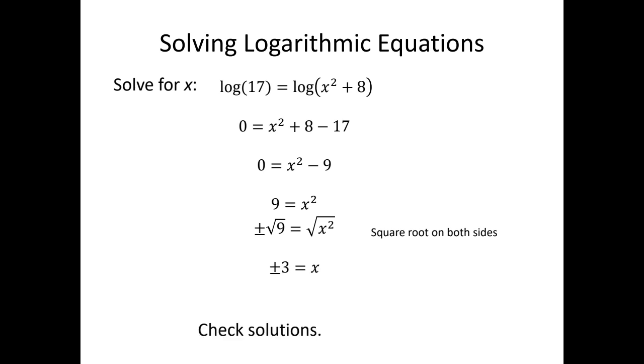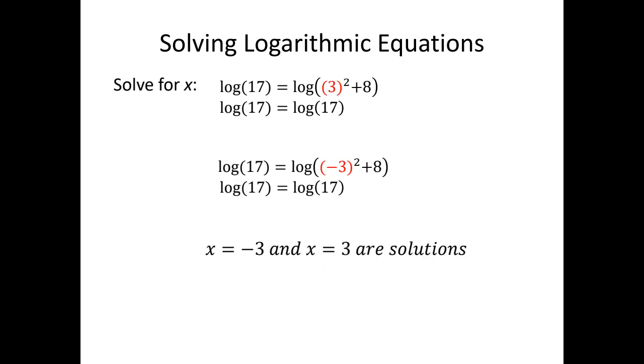And so we get x is equal to plus or minus 3. We want to check our solutions. Okay, so if you plug in 3, we get 3 squared is 9 plus 8 is 17. So that's okay. And if we plug in negative 3 and we square it, we're still going to get 17. That's okay. So both of these are going to be solutions.